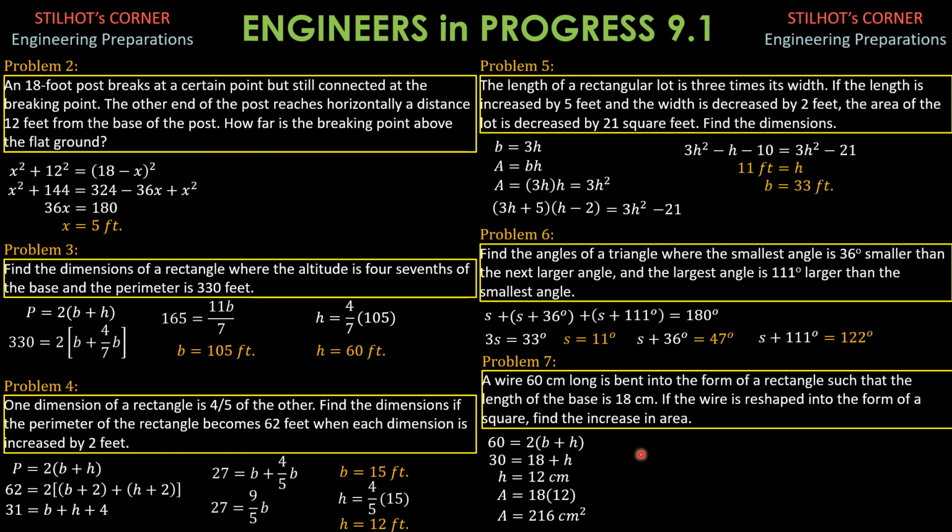Then when it is reshaped into a square, the perimeter is 4 times s, and it is equal to 60. So that means the side of the square would be 15 cm, and the area of the square is 15 squared, which is 225 square centimeters, greater than 216. So the increase in area is 225 minus 216, and that is equal to 9 square centimeters.